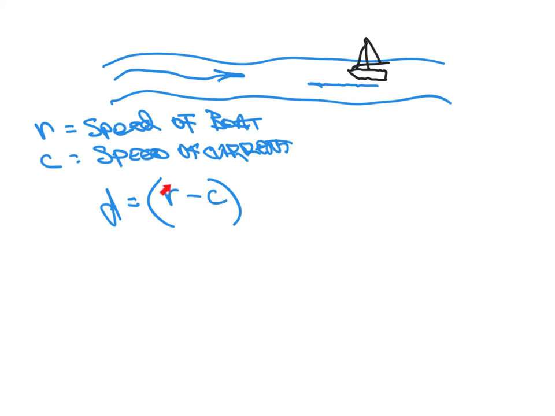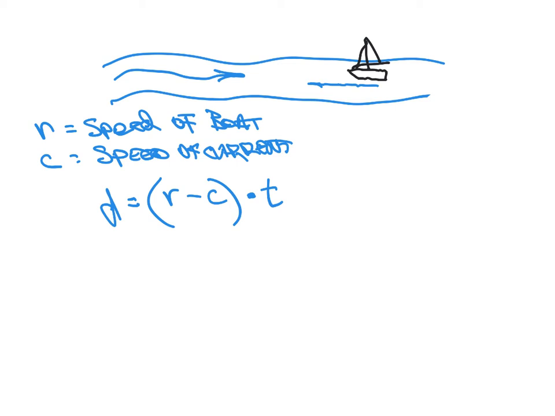So instead of it going maybe 6 miles an hour, it's going to go 4 miles an hour because the current is slowing it down. So there's the formula. Times t, which is the time. Distance equals the rate times the time, but because of the current here, we had to subtract it. So that is a very common formula. D equals RT. You will see it over and over and over.